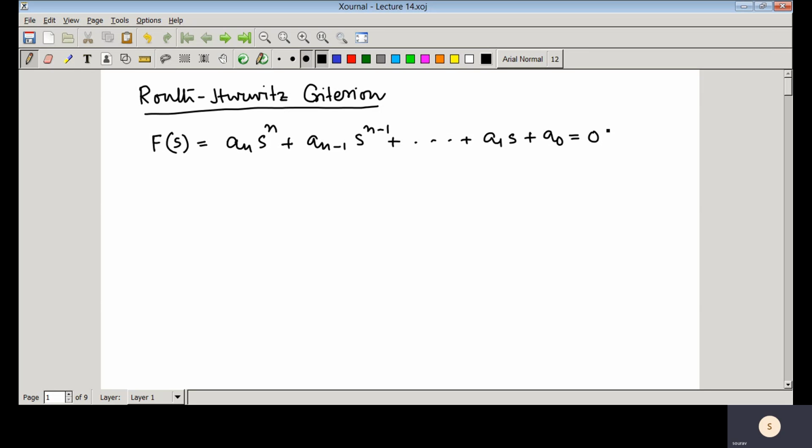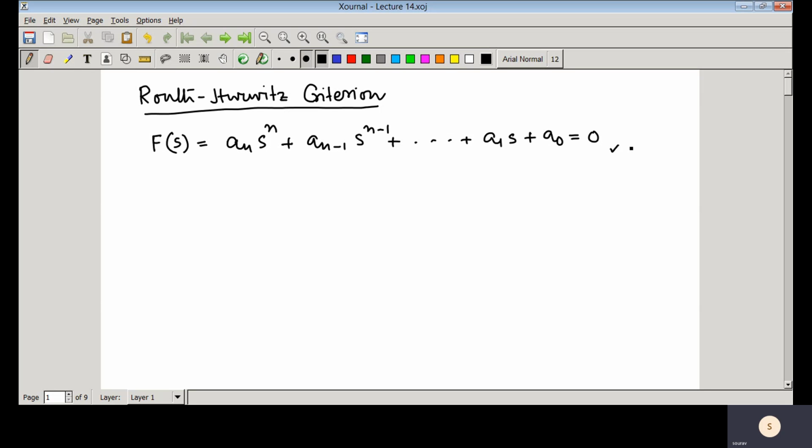Just by looking at the location of the poles, for stability, bounded input, bounded output stability or asymptotic stability, both of which are equivalent in a linear time invariant system, all roots of this characteristic equation should be in the open left half of the complex plane. Then that system would be asymptotically stable or bounded input, bounded output stable.